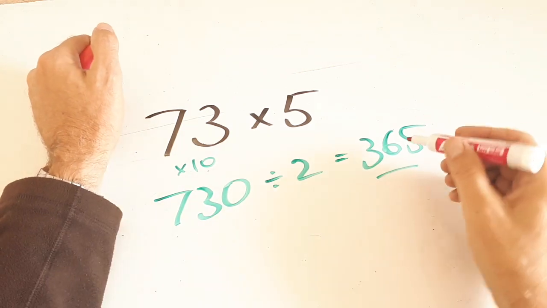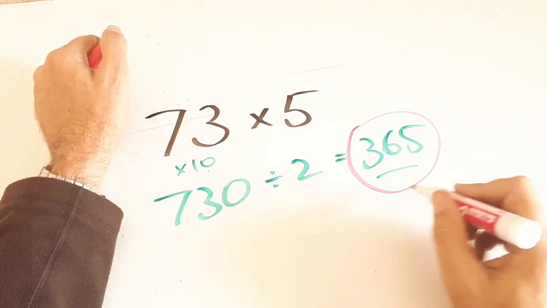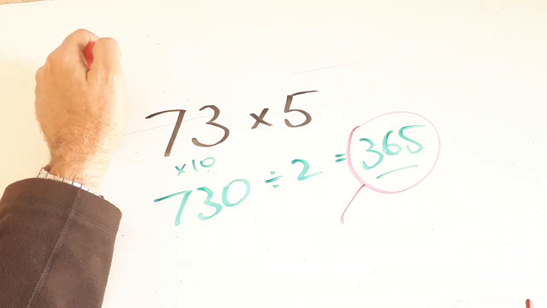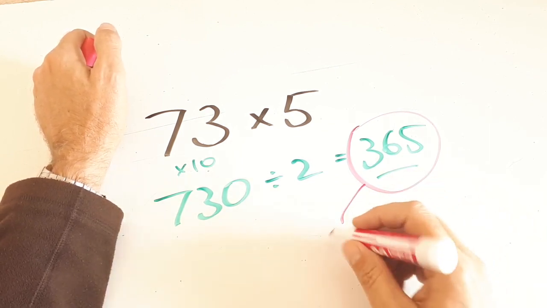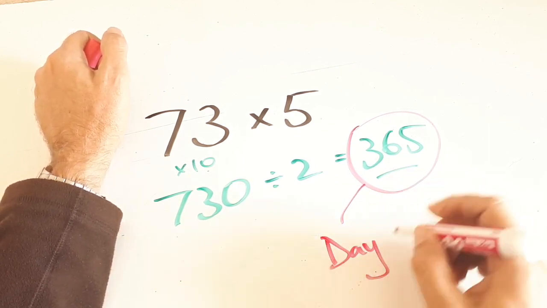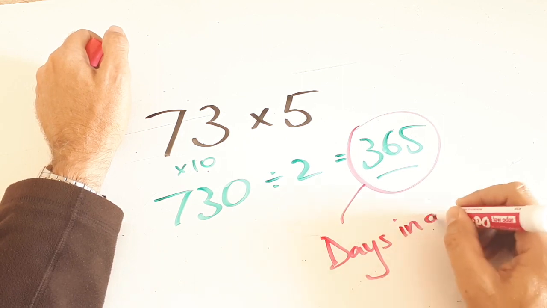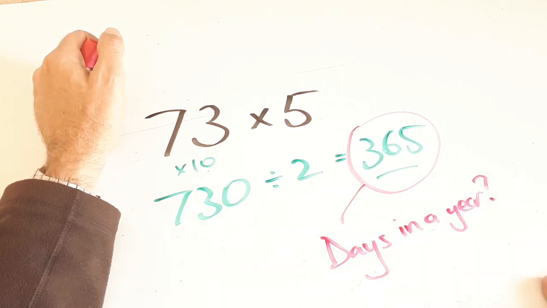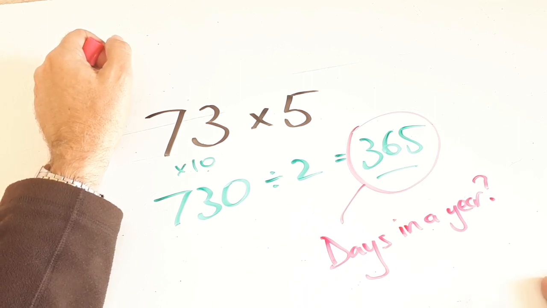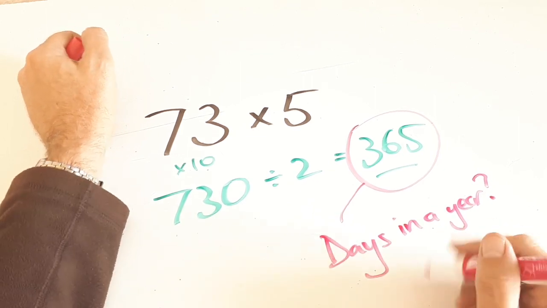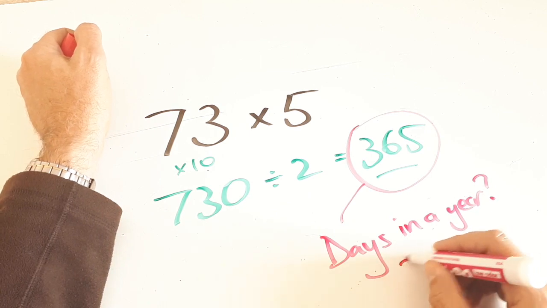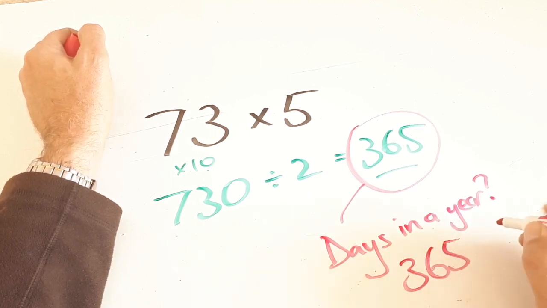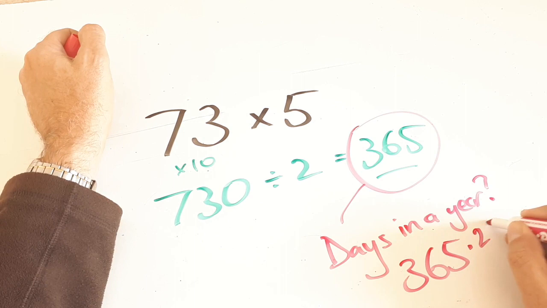Little side note, 365 is an interesting number. That is how many days they say are in a year. Days in a year, 365. But is that 100% true? Well, actually, in a year, there's closer to 365 and a quarter.